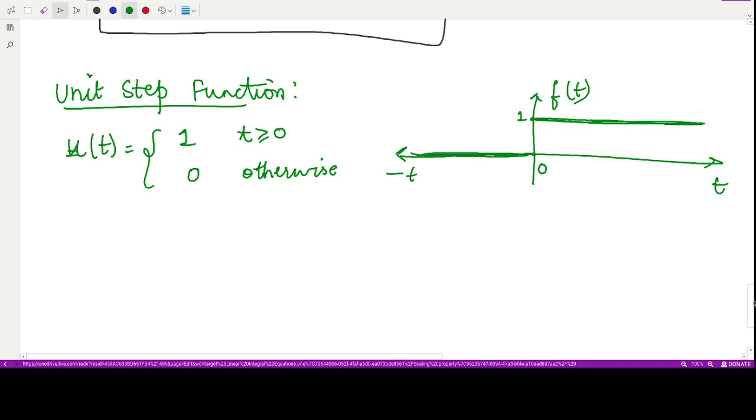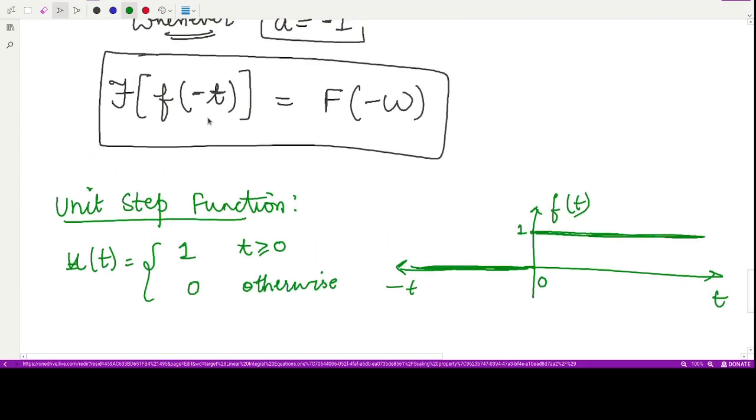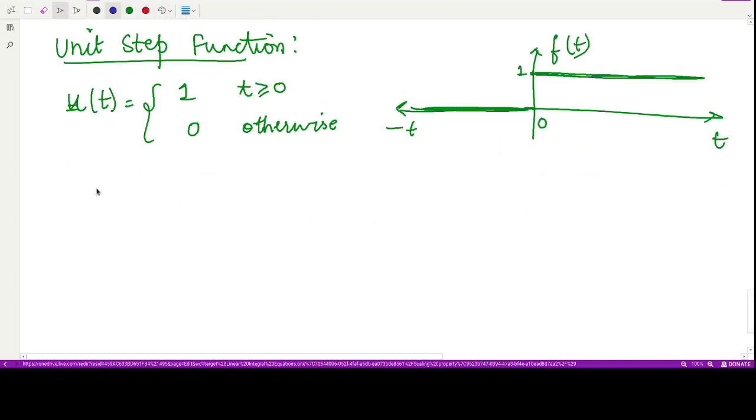Now what I am doing is taking this function and in place of t I am replacing minus t, or you can also say I am multiplying this t by a. So you have u of minus t. What would this become? In place of t, now you have minus t. Earlier the limits were these, now you have the limits as minus t greater than or equal to 0.